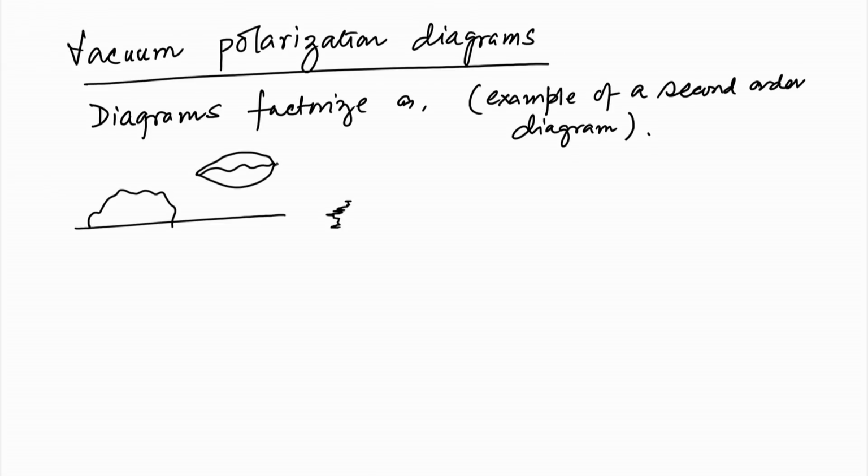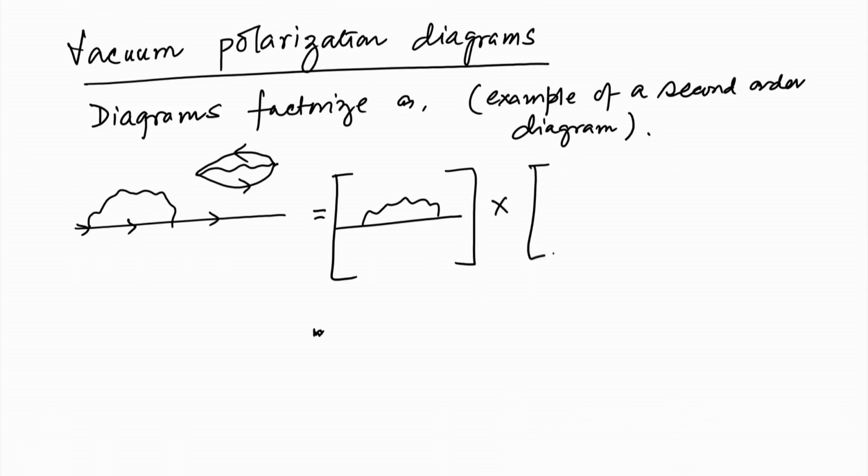So, this is a disconnected second order diagram, and it can be easily understood that this does factorize as a term which is this, multiplied by the term which is this.